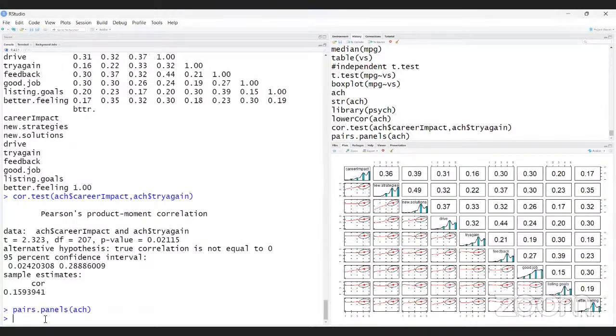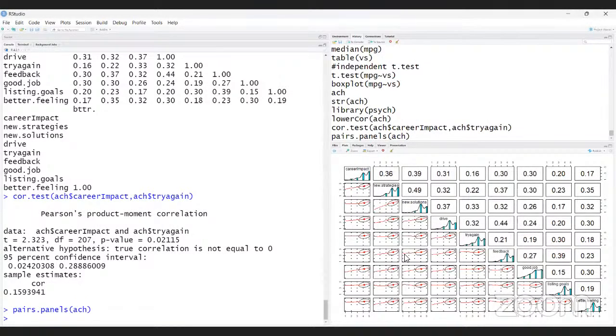Have you seen the data? Yes, sir. So here you can find out the regression line. So this is the regression line.